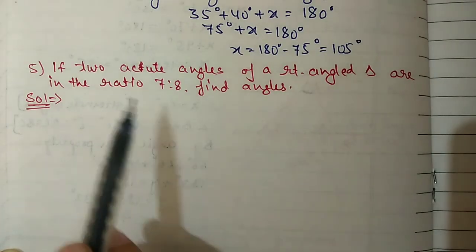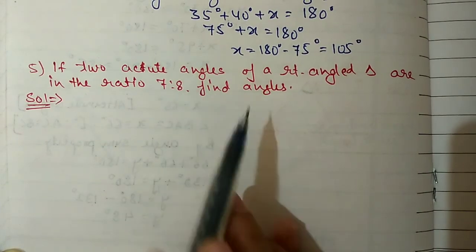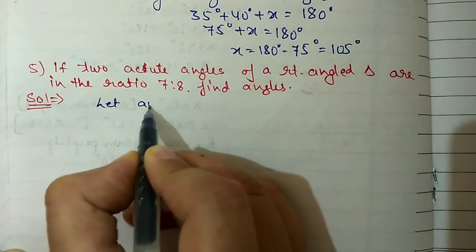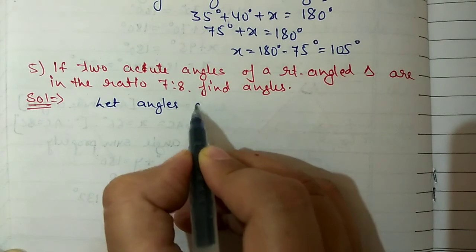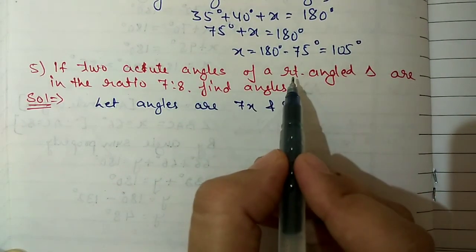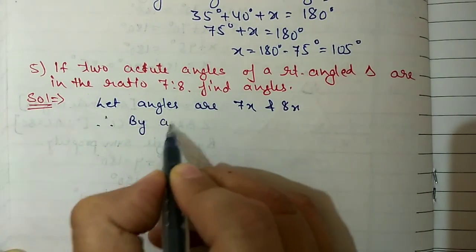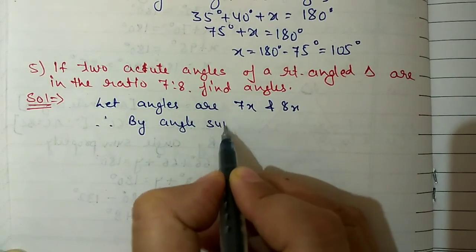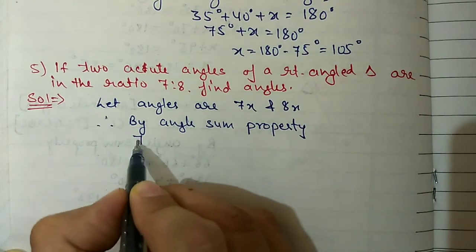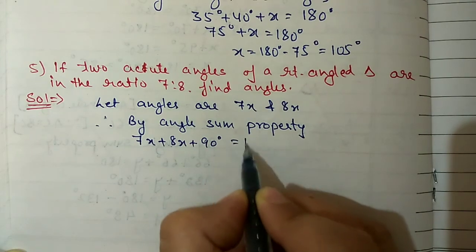Next, question number 5. If two acute angles of a right angle triangle are in the ratio of 7:8, find the angles. So if it is given in ratio, we will take like this. Let angles are 7x and 8x. And one angle is right angle, means 90 degree. So therefore by angle sum property, 7x plus 8x plus 90 will be equal to 180 degree.